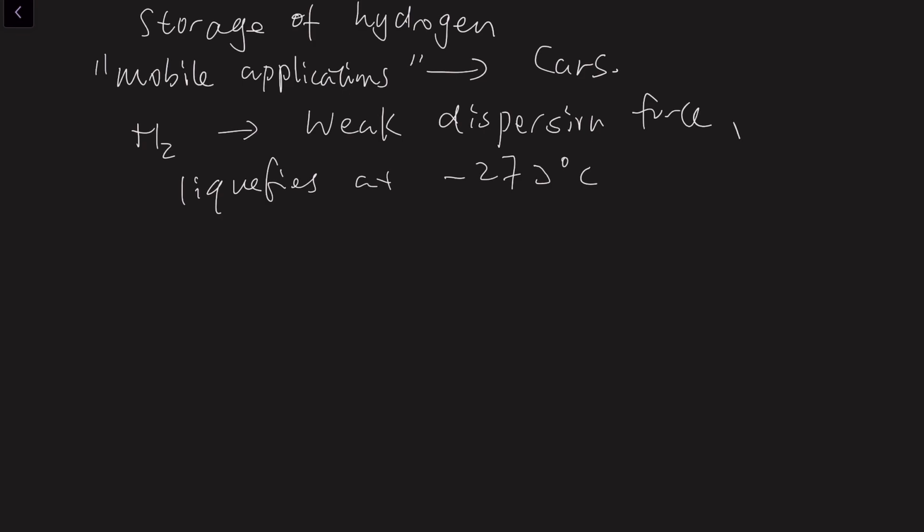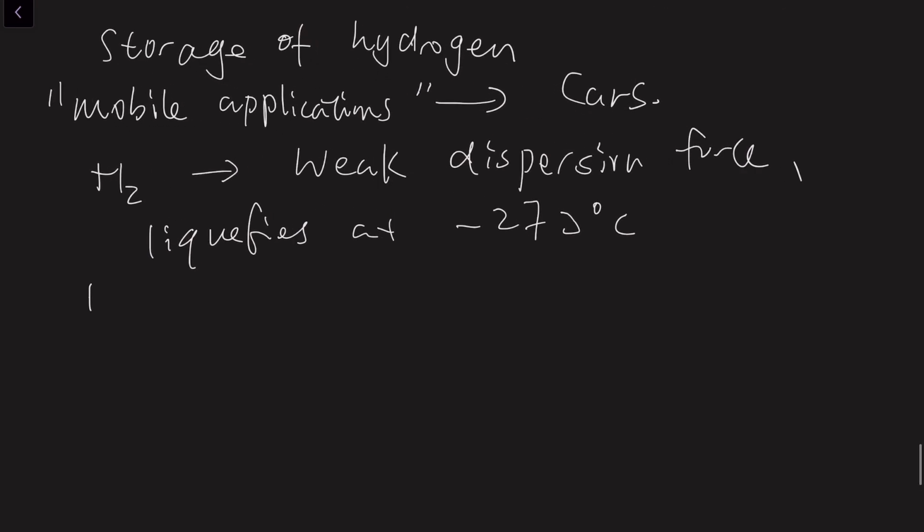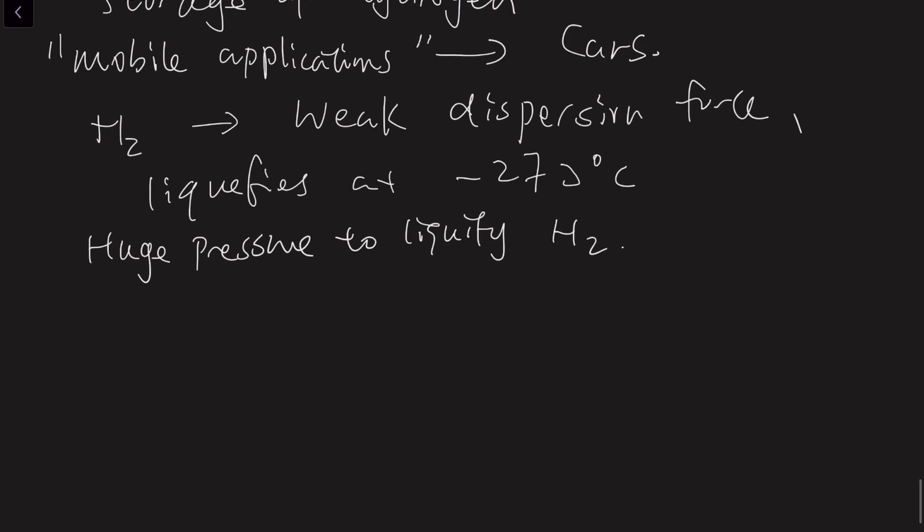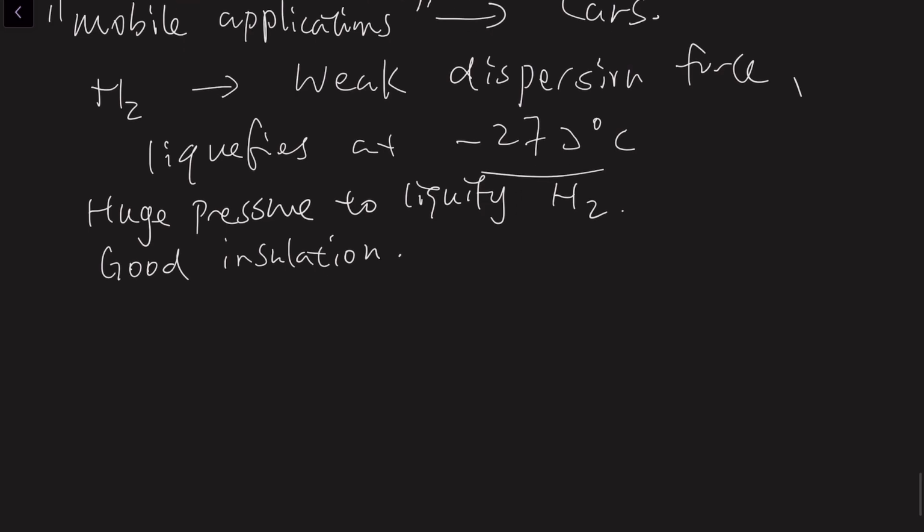So when you want to store hydrogen gas as a liquid, you need huge pressure to liquefy hydrogen gas. And you also need very good insulation to keep the temperature very, very low, like negative 270 something degrees.